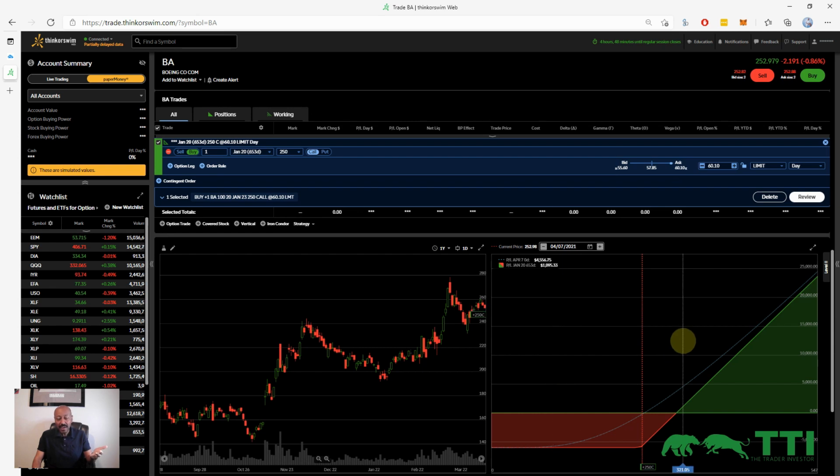And the maximum gain is whatever price Boeing ends up being after expiration. And here, the purpose of structuring it this way is for every 100 shares of Boeing at today's price, it's about 25,000. But structuring it this way, upfront cost is about 6,000. So 6,000 versus 25,000.